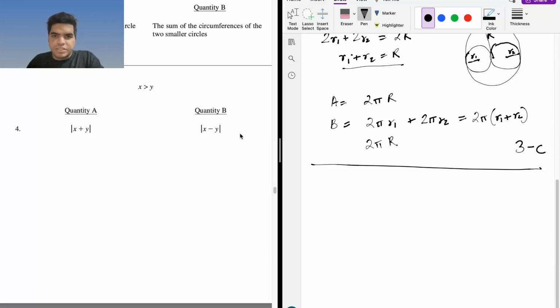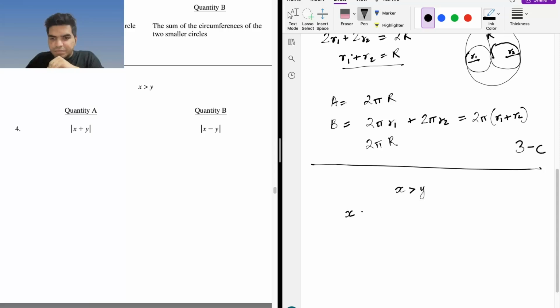Now this type of question is very easy if I tell you. We are given that X is greater than Y. So there are a few cases. It can be positive or negative. Always keep these in mind. Do not forget them. If you want to score 168 plus, it's better to always keep in mind that X can take both values.